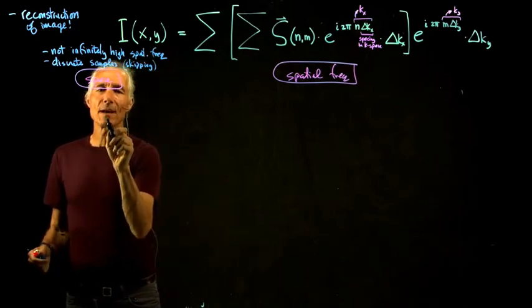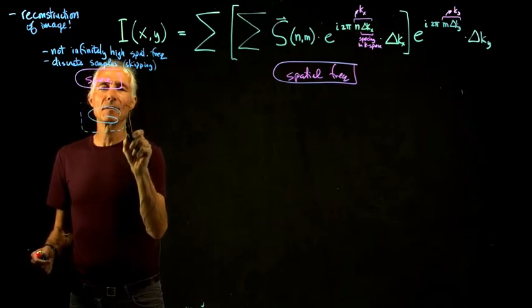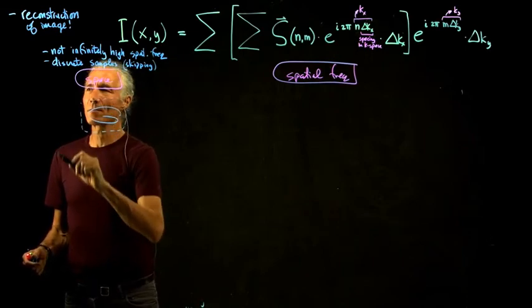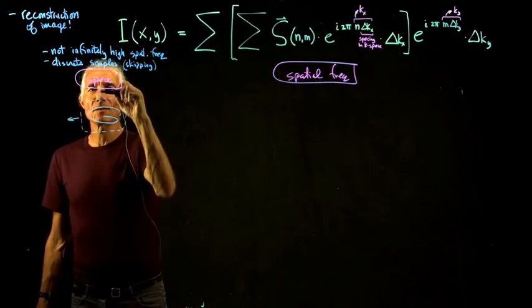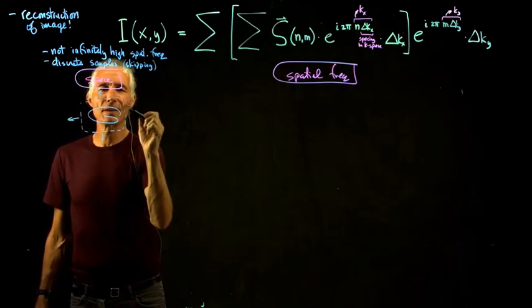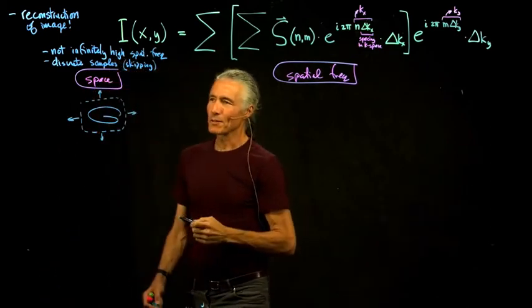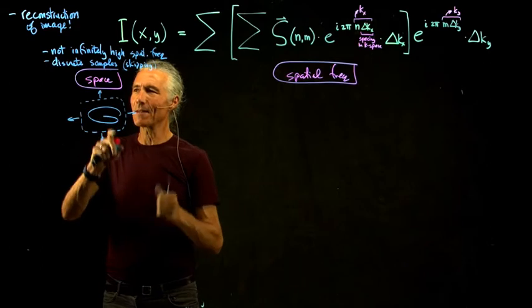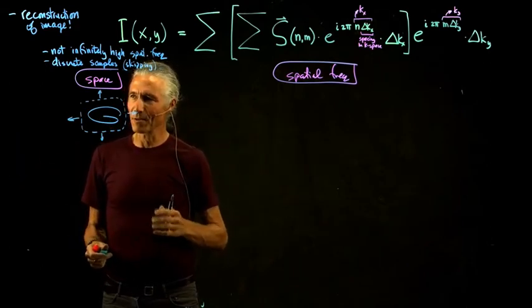So we have a brain here, and here's where our picture would normally go, but now we're just imagining we start off with an infinitely large brain. There's nothing else in the universe, there's just a brain, and then there's infinity of space on either side of it. That's what the Fourier transform equation says.